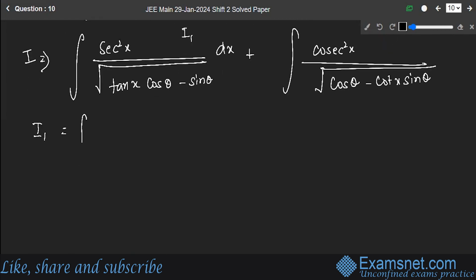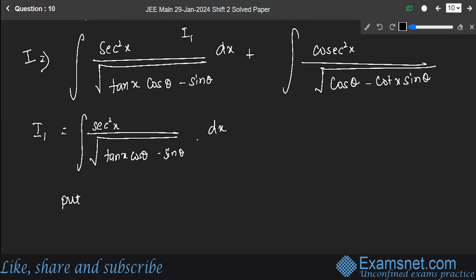Let's solve this I1 over here. This is secant square x root of tangent x cos theta minus sine theta dx. Let's put tangent x cos theta minus sine theta equal to t square. Let's take the derivative of this.